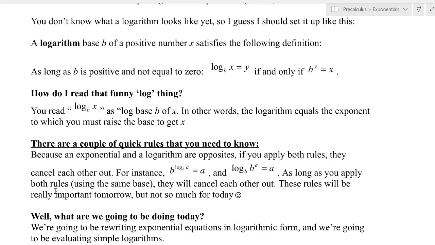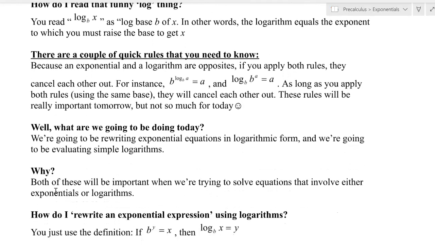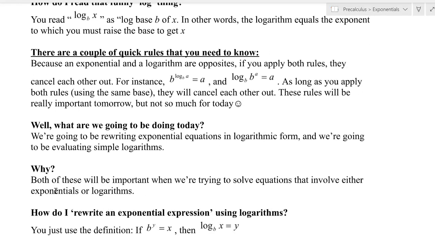There's a couple quick rules that you need to know. There are always log rules and all these other kinds of deals, which we'll talk about more later. Because an exponential and a logarithm are opposites, if you apply both rules, they will cancel each other out. Just like 1/2 times 2 would just be 1 because the multiplication undoes the division.